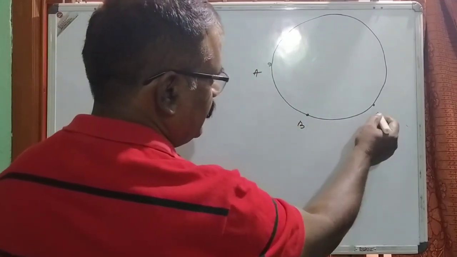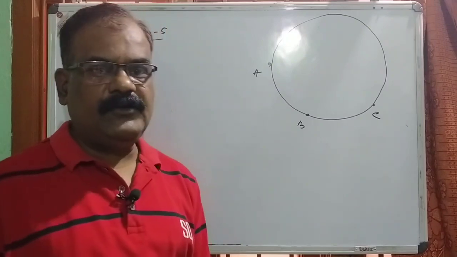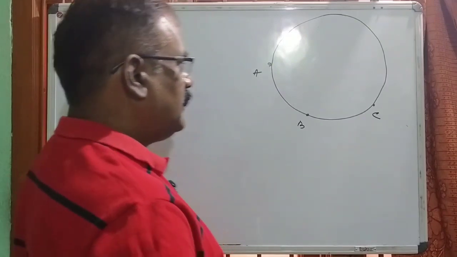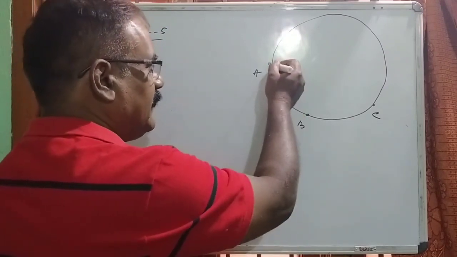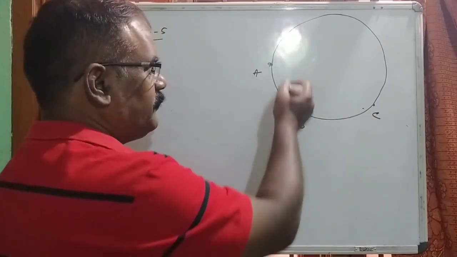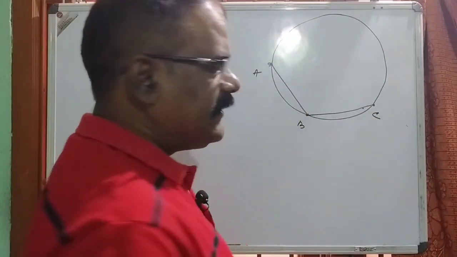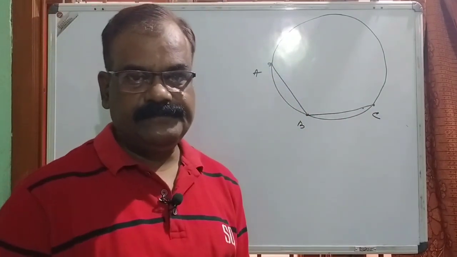Consider that A, B and C are 3 non-collinear points. Now how will we prove this? If we join A, B and C, we get 2 chords AB and BC.